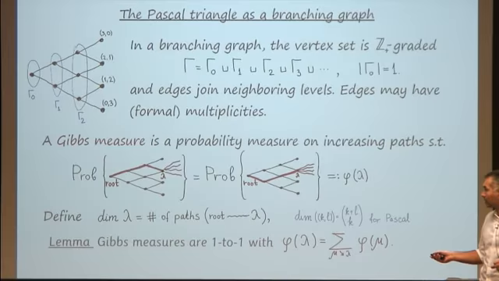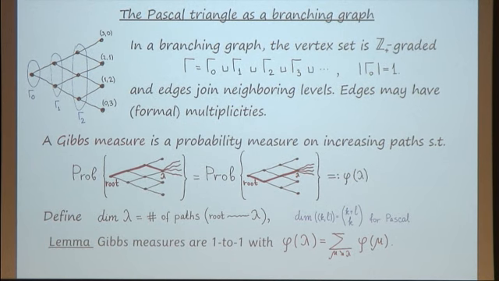If I fix some vertex and condition the path to go through that vertex, then all paths between the root and that vertex have equal conditional probabilities. Okay? So fix a vertex, and then these two will be the same. For a vertex λ, let me denote that probability by φ(λ).